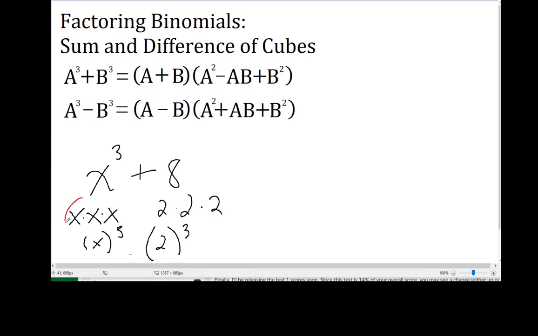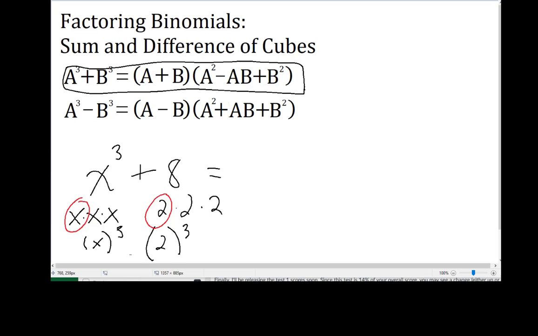Now I'm going to take my A and my B, the x and the 2, and I'm going to start doing my factoring. So if you look at the first formula up here, you take one of each, x plus 2, with the same sign as the problem.